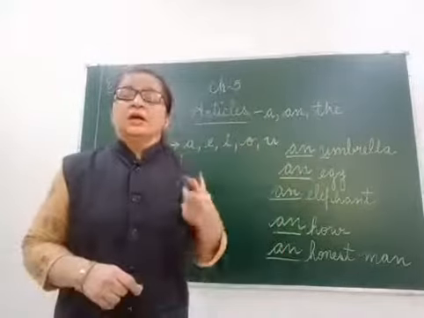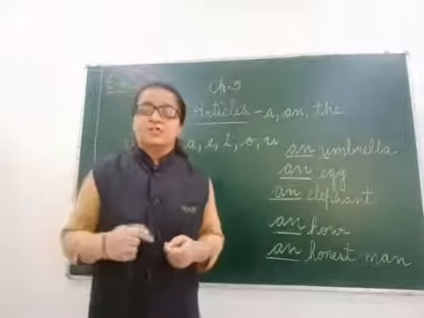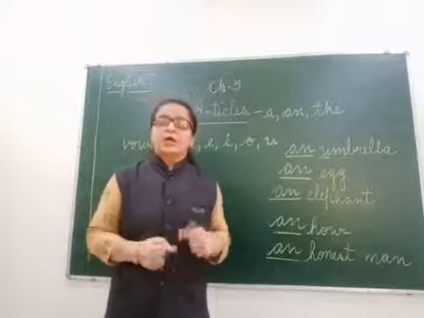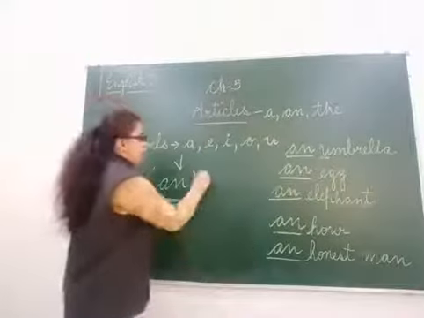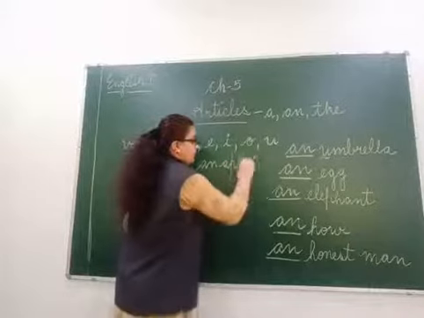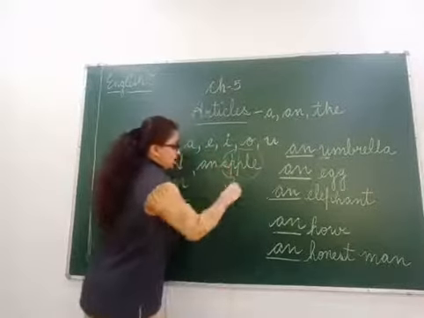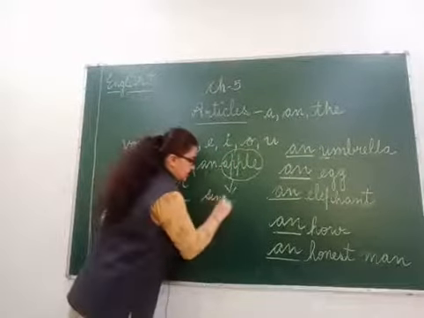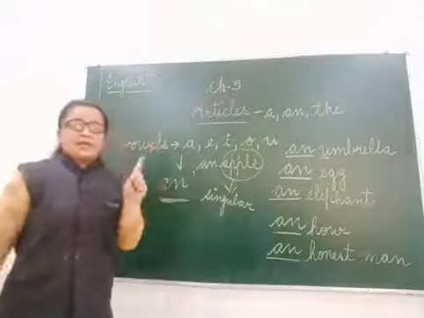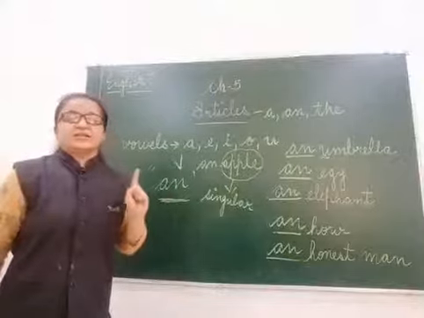And children, a and an are used before a single noun, singular noun, not before the plural. Suppose an apple. Here, this word apple is singular. Singular means one. A और an हमेशा single चीज के लिए use होता है.